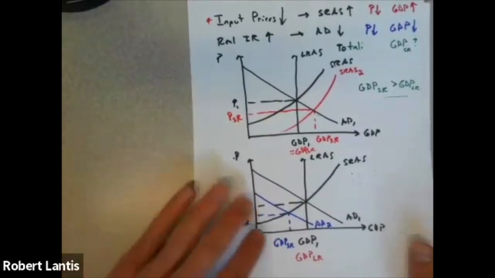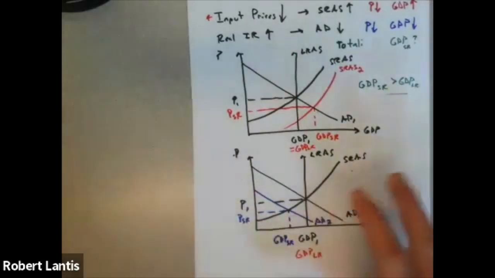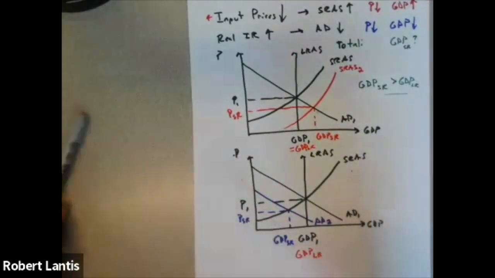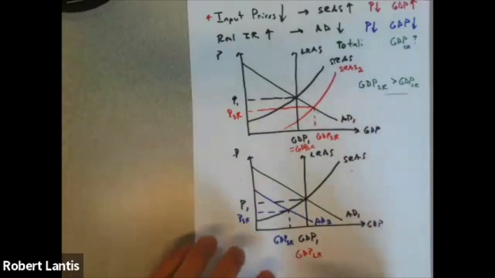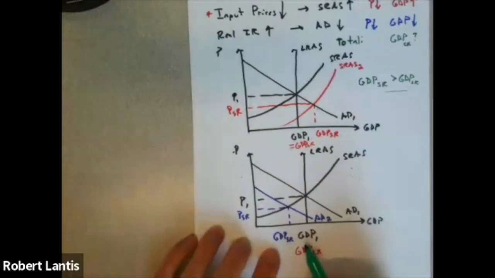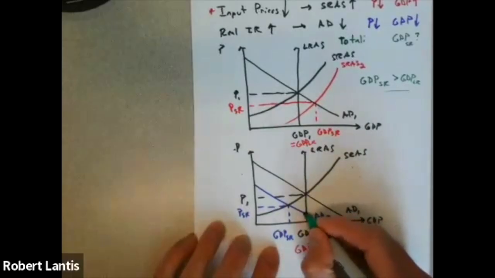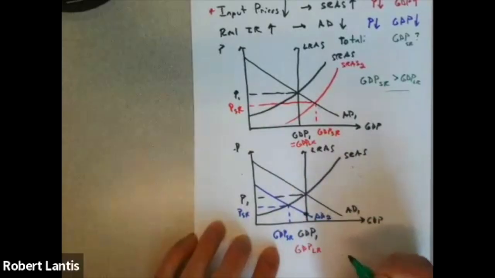Well, it would have to be that this combination actually led to a GDP that was too low. I could draw these on the same graph, but all I need to think about here is that if I have a recessionary gap, the current level of GDP is too low. So what's going to happen? Well, I know the new long run equilibrium would be right here.